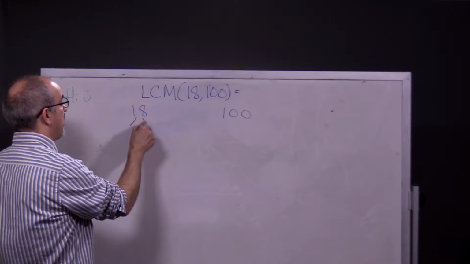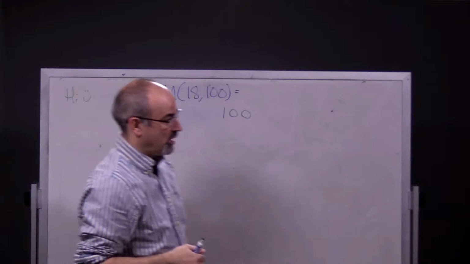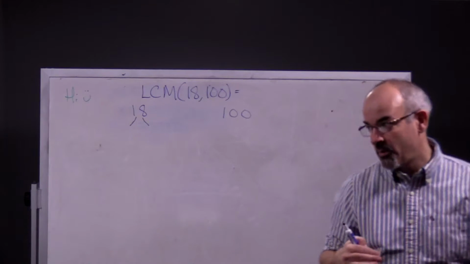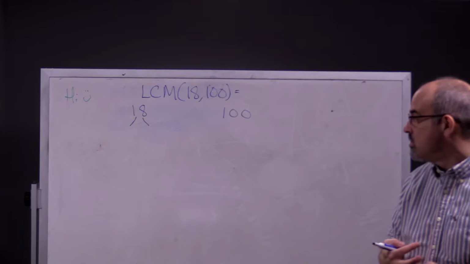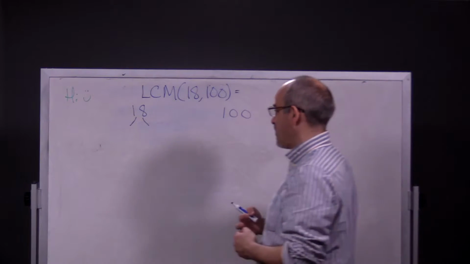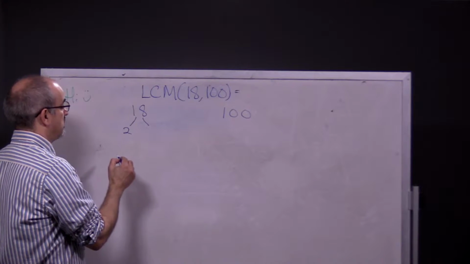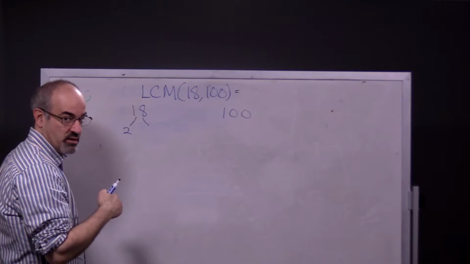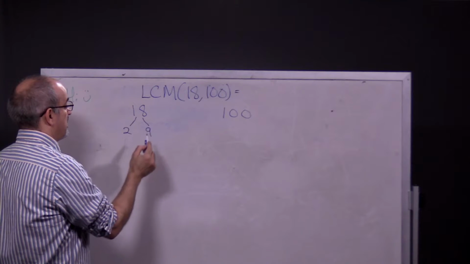So if you're doing the prime factorization, that means you want to break this down into all of the prime numbers that you need to multiply to get 18. So using our divisibility rules, I know that this is an even number, so I know 2 is a factor. So 2 times 9 is 18.